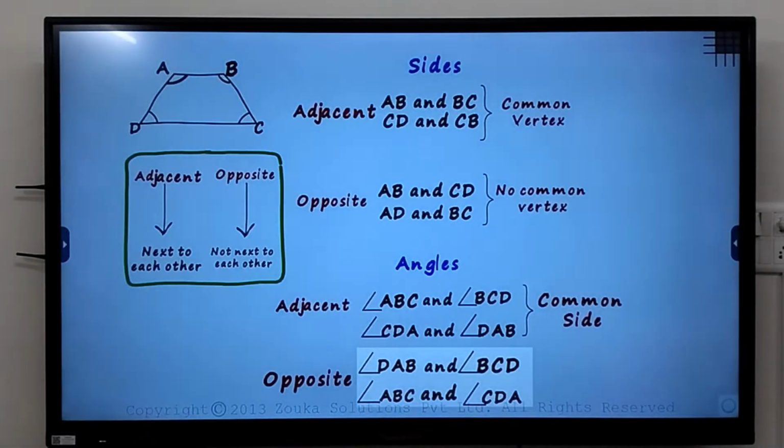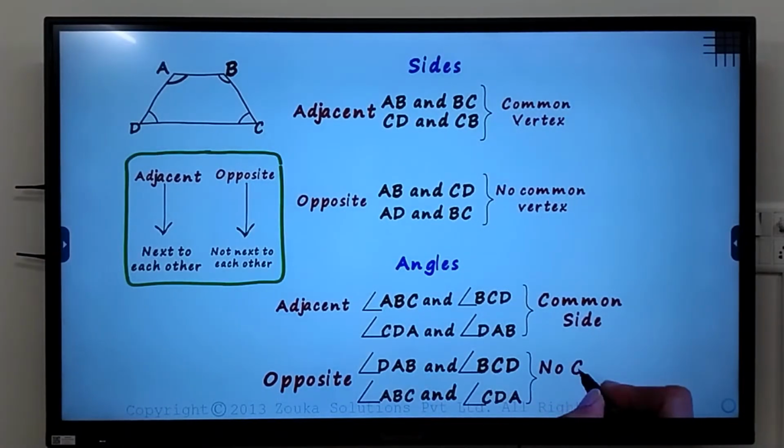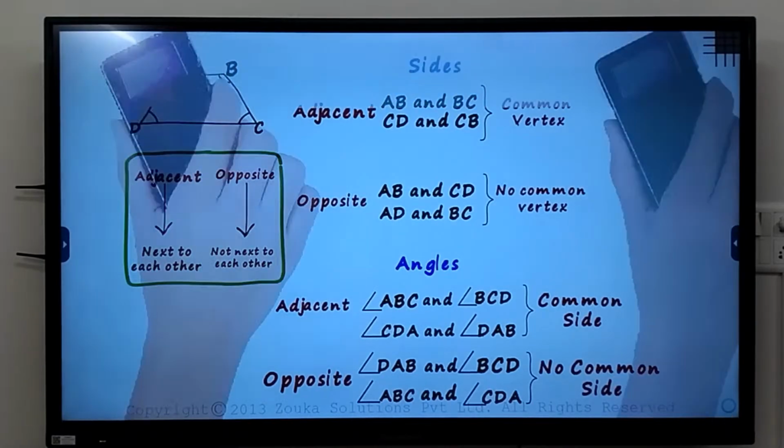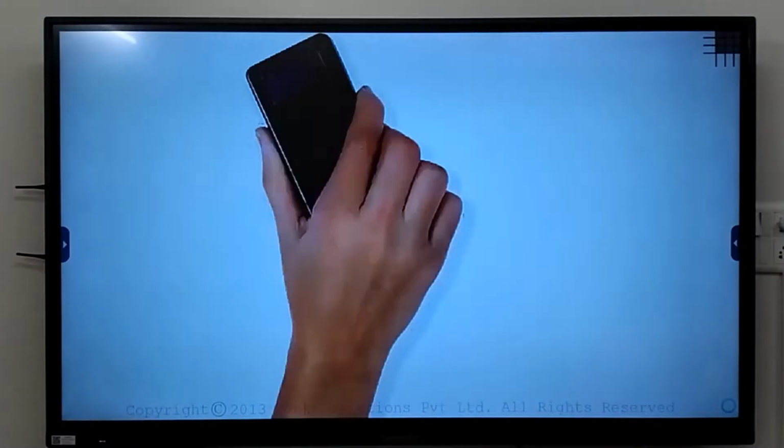And observe the opposite angles. They do not have a common side. And that's why we say that opposite angles have no common side. You don't need to memorize all this. All you need to know is that adjacent means next to each other and opposite means not next to each other. Let's see one last concept in this video.